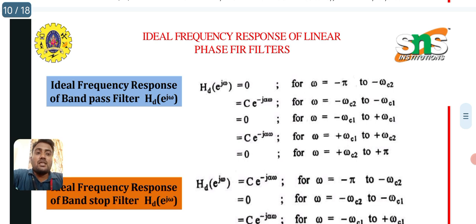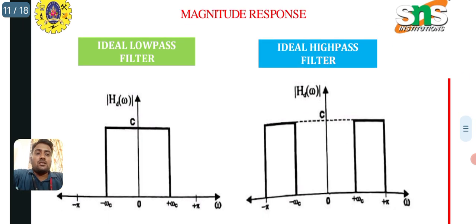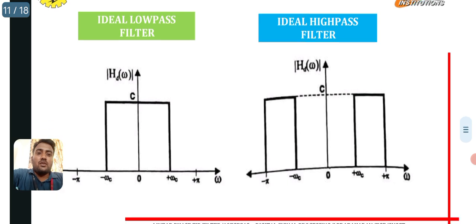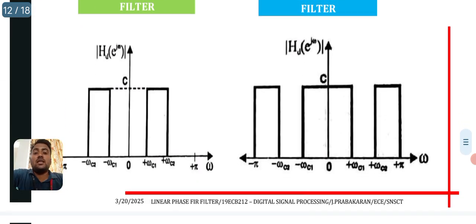Similarly, for band pass filter and band stop filter, these are the limits. For low pass filter, from minus omega c to plus omega c the magnitude value is 1, otherwise 0. For high pass filter, from minus pi to minus omega c and from omega c to plus pi the magnitude value is 1, otherwise the signal is 0. It is similar for band pass filter and band stop filter.